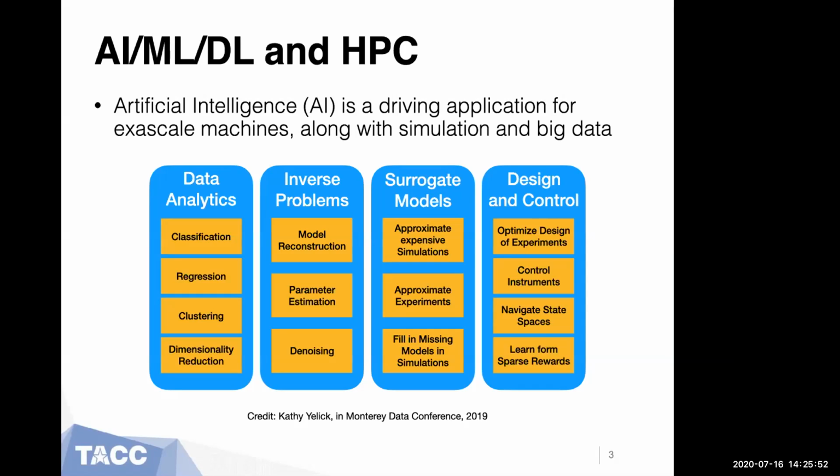So what can you do for your own research with AI? If you look at these four categories, we have data analytics. If you can formulate your research as a classification problem, or regression problem, or clustering problem, or dimensionality reduction, then there is definitely an opportunity for us to leverage AI technology or deep learning technology for this type of research. And I do know some researchers are looking into inverse problems.